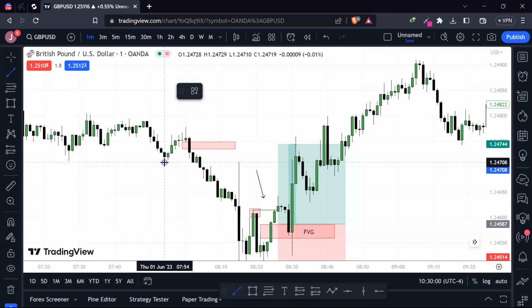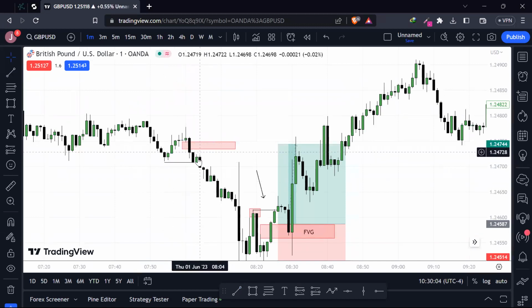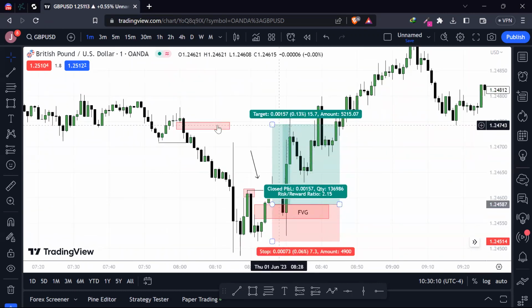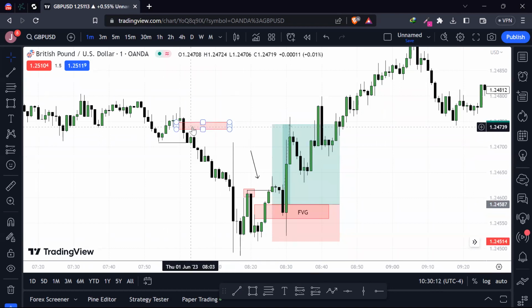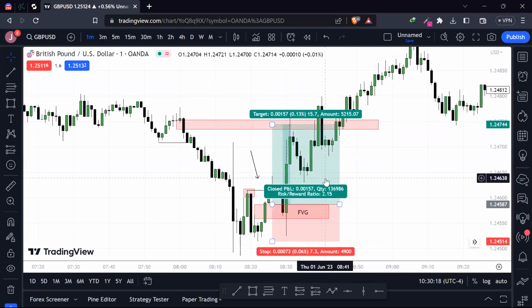The price here breaks the structure and didn't give the opportunity for the buyers to come up and come down. So we target and go straight to our first imbalance right here. This is where we target, and we take profit, and that's a 1:2 ratio here.